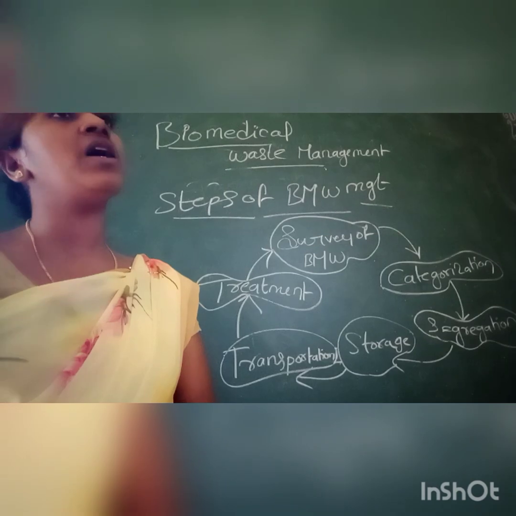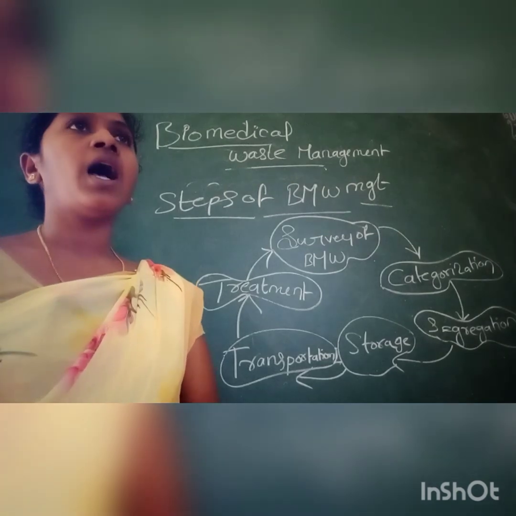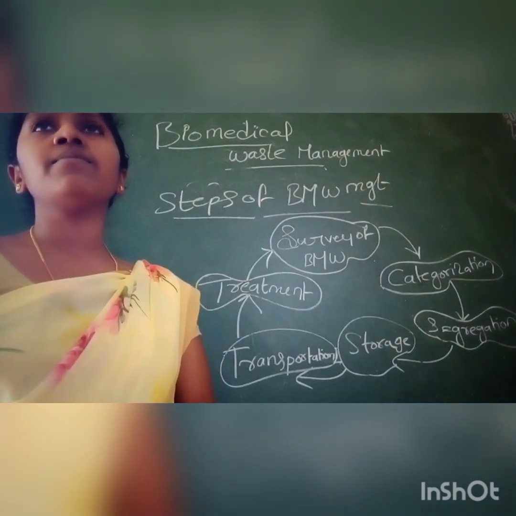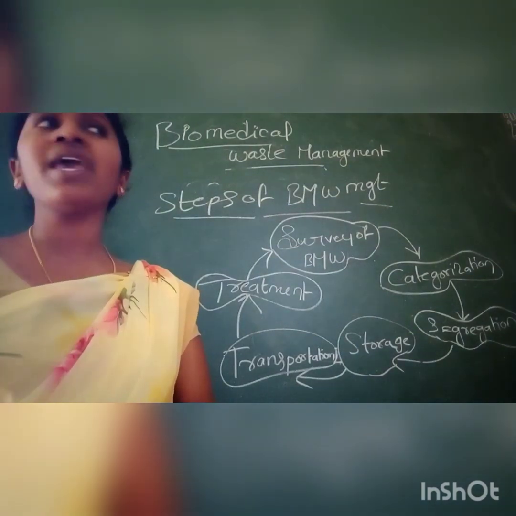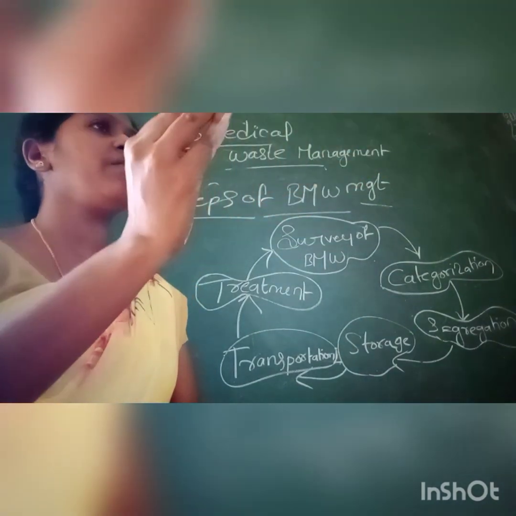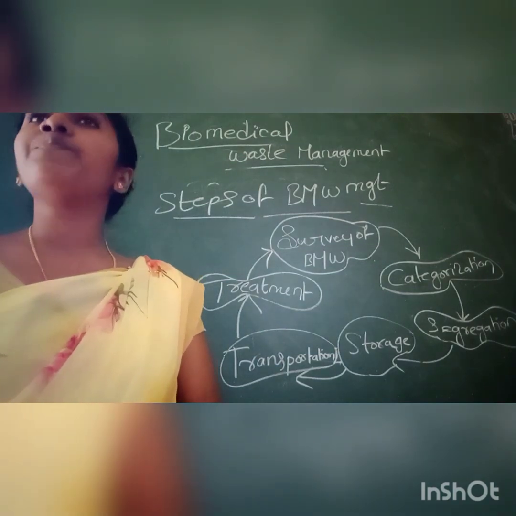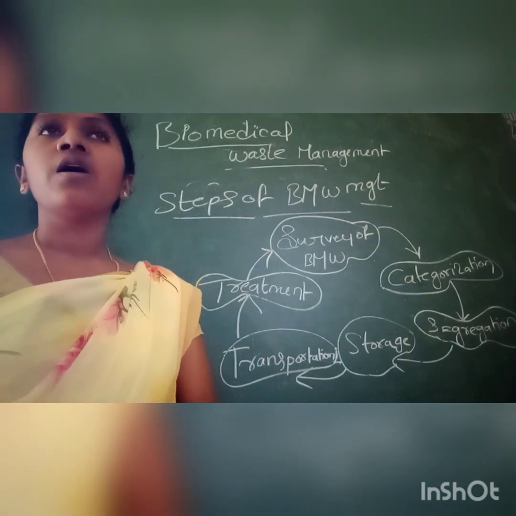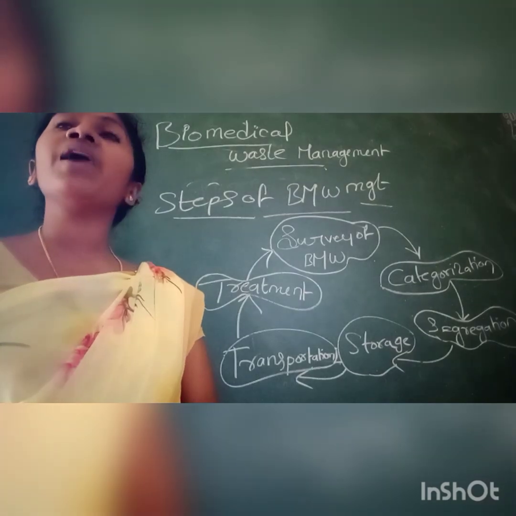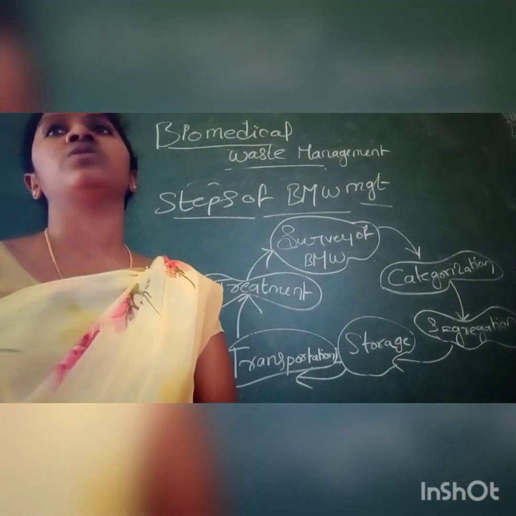Body parts, they may burn also, right? Or some lab materials. They may burn, like infectious, very contagious catheters. So they can burn, right? Or otherwise they may disinfect and reuse it.